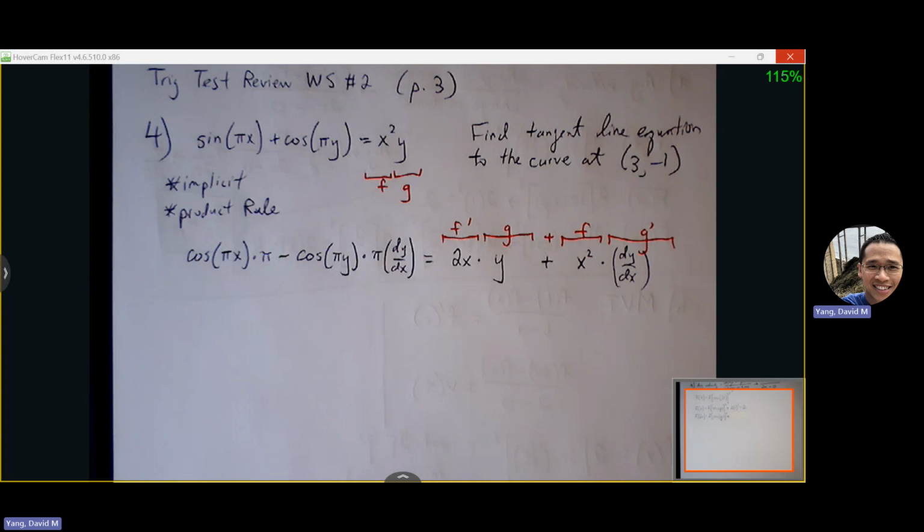After we replace all the x's and y's with 3 and -1, we can rearrange the dy dx, and it should be a lot easier to get dy dx in terms of a slope value because we have less variables to keep track of. So I'm just going to plug 3 in for x, -1 in for y, clean up, and we should be able to get that dy dx slope a little faster.